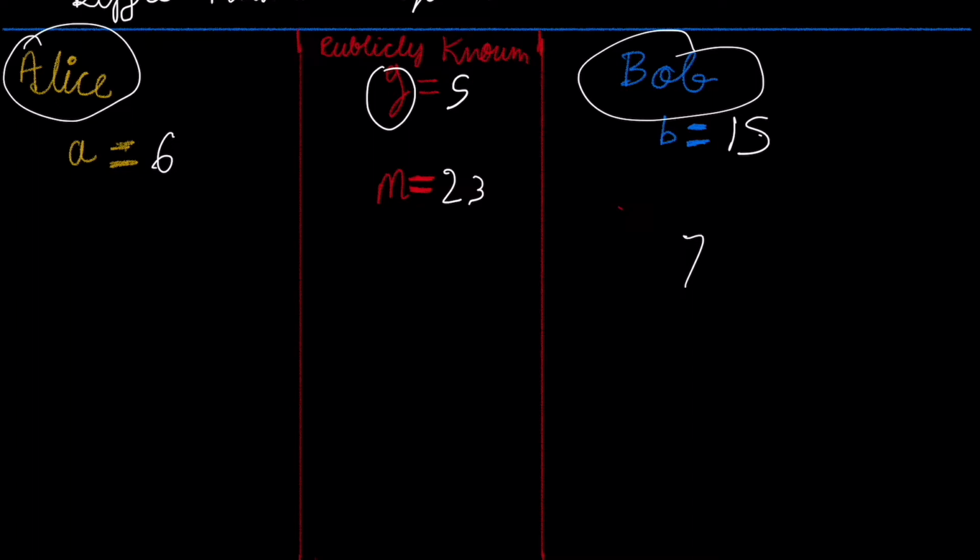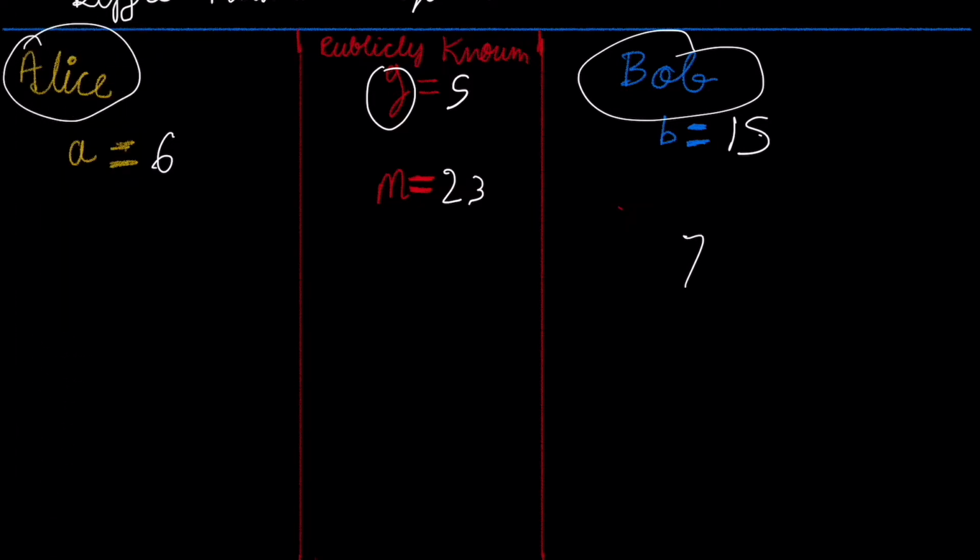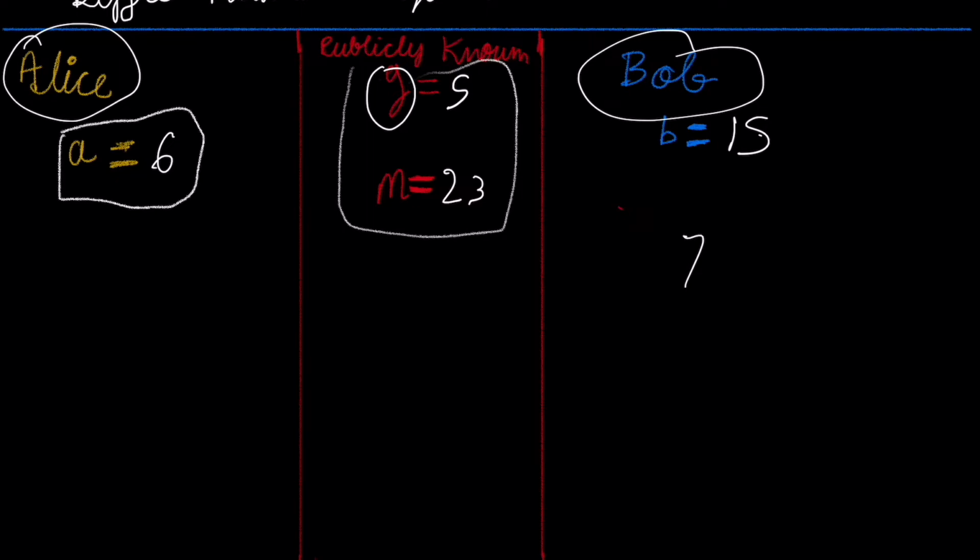I have chosen 23 for ease of computation, and it's the example from Wikipedia. These numbers are public. Everybody knows them: Alice, Bob, Eve, whoever. Alice chooses a random number A, and Bob chooses a random number B.